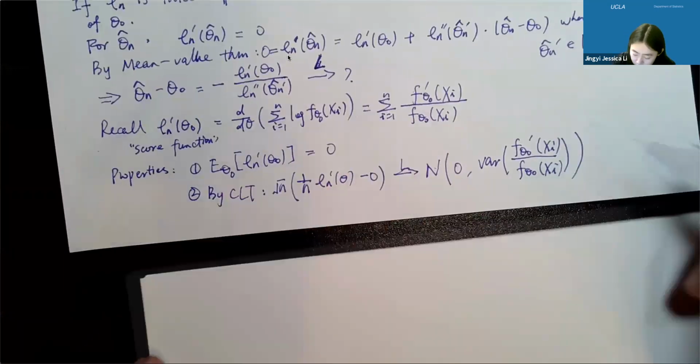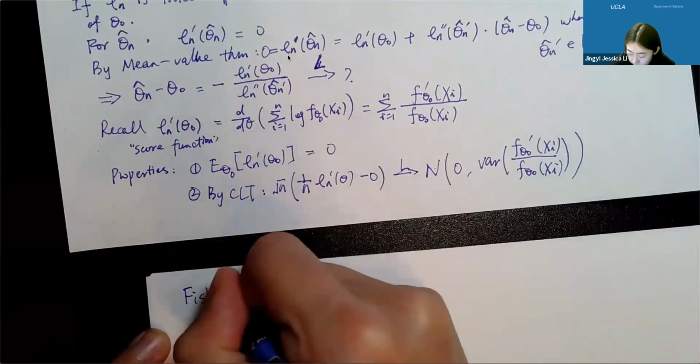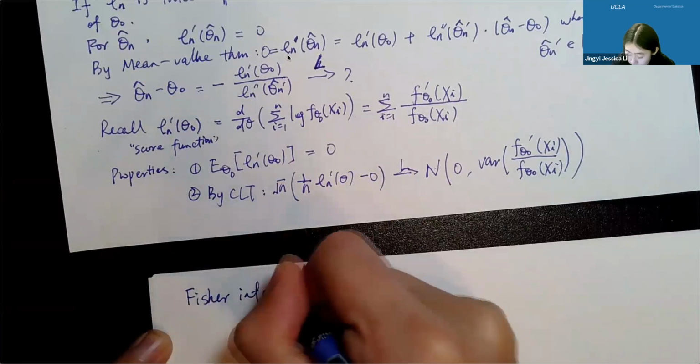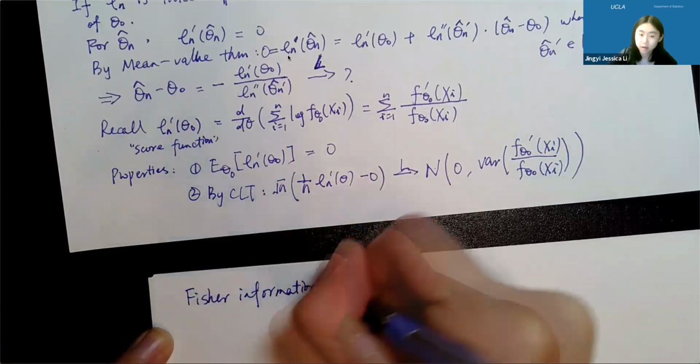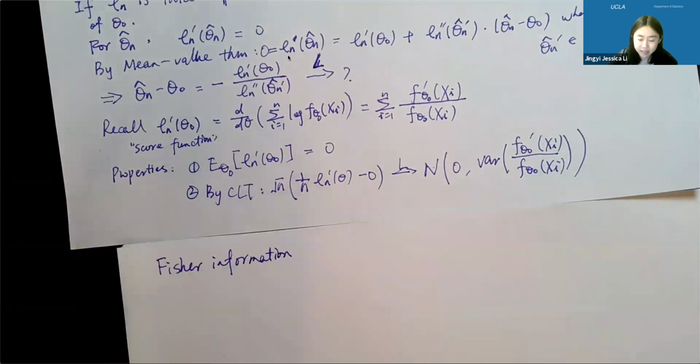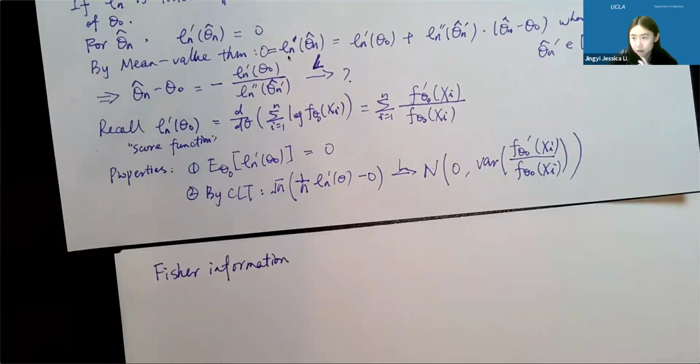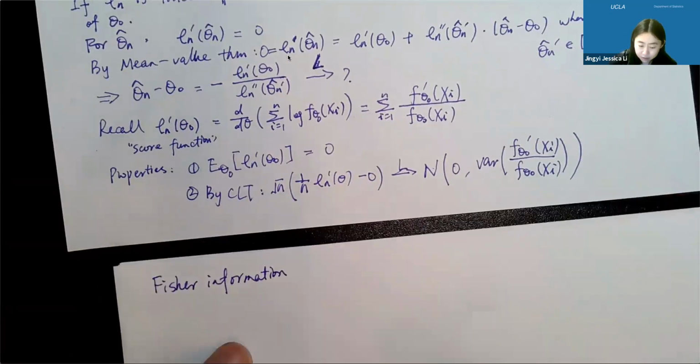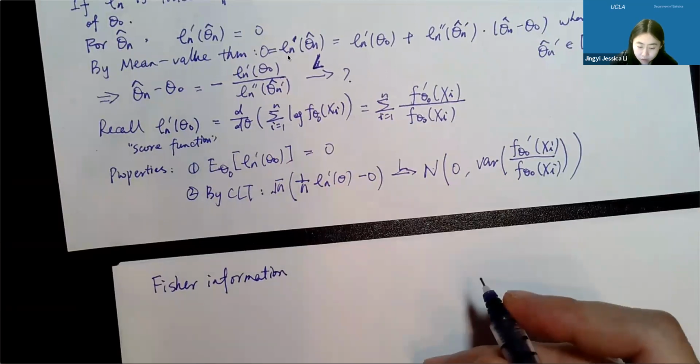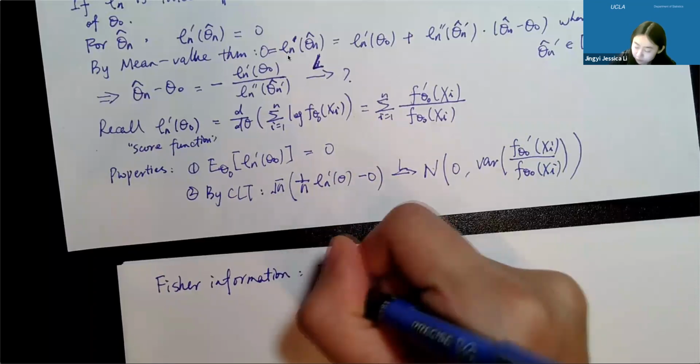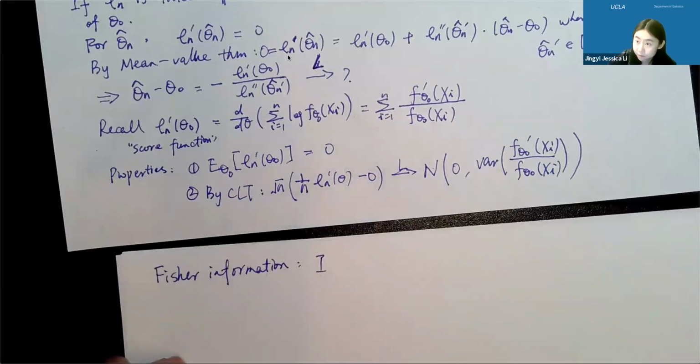So the Fisher information, we can write it as a function of the parameter value we want to evaluate. We often use I for information.